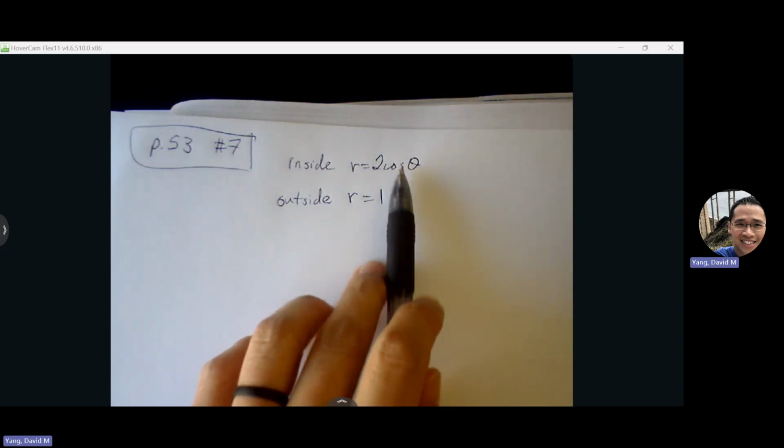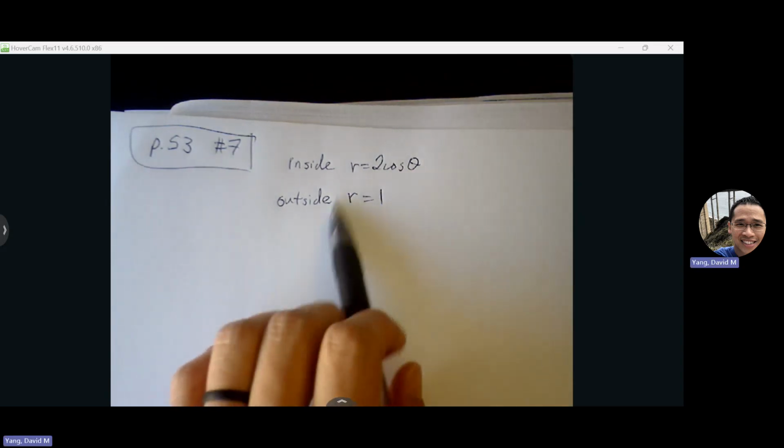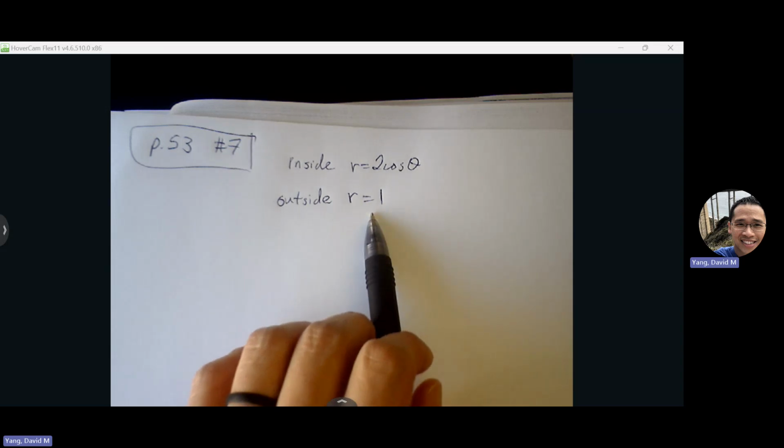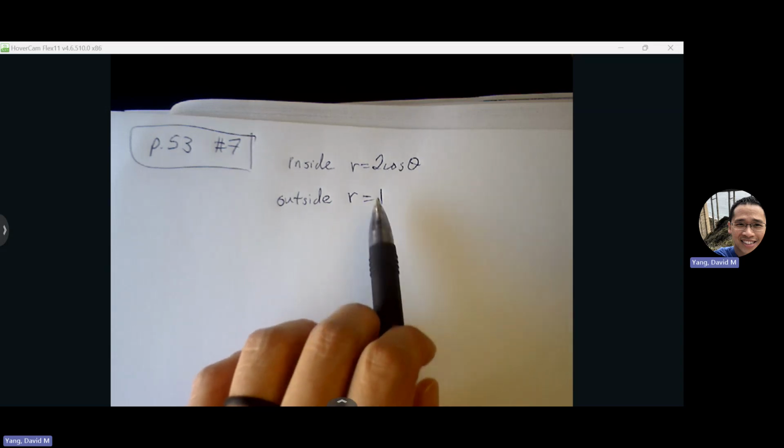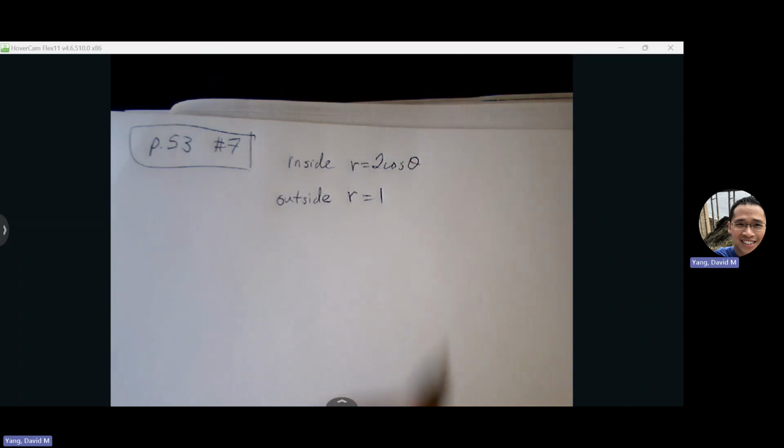So inside a circle and outside the other one. R equals 1 is simply a circle that is centered at the polar 0 with a radius of 1.